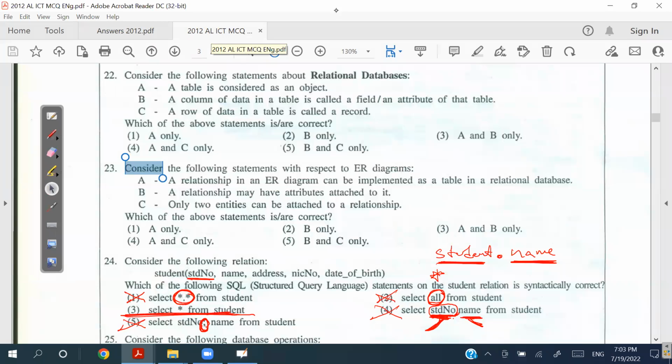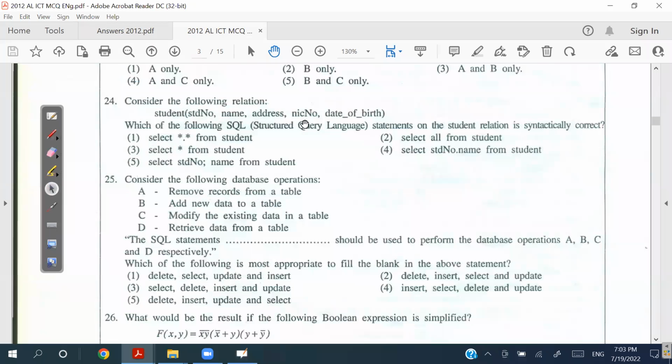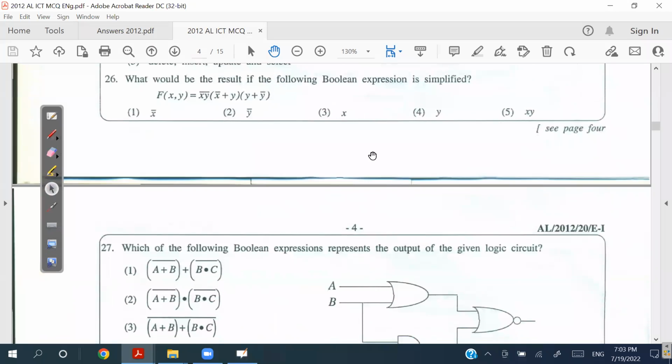Right, okay, moving forward. 26th. What would be the result if the following Boolean expression is simplified? Okay, so how are we going to do it?